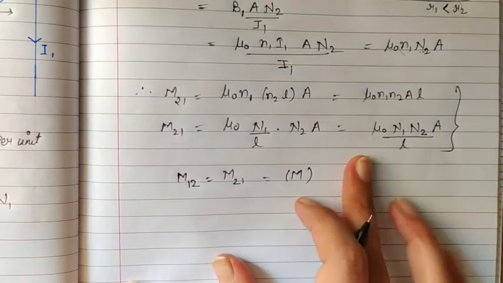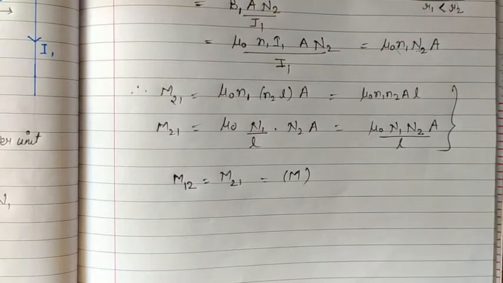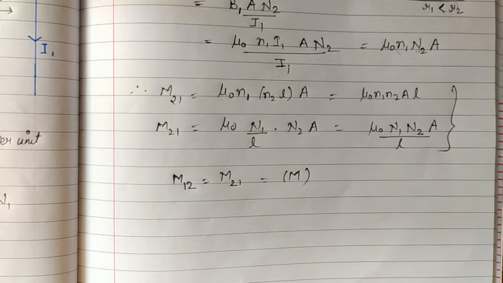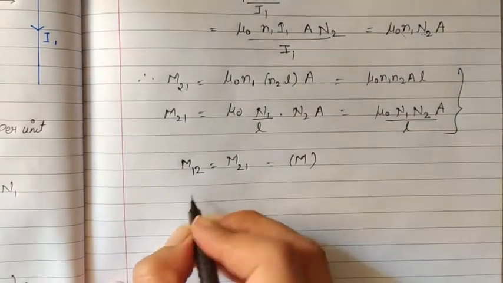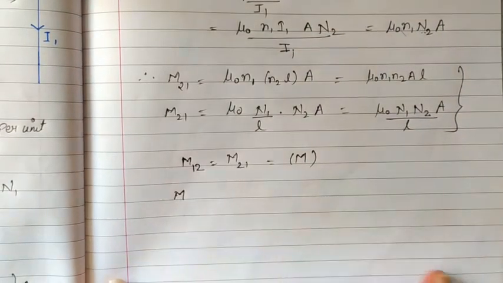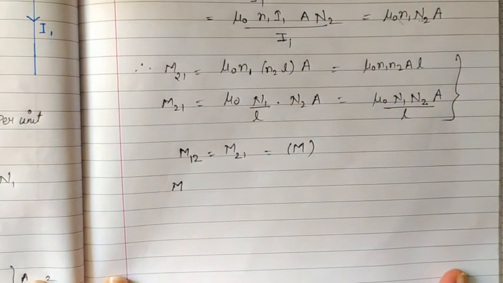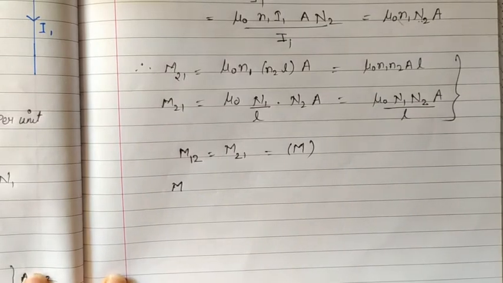अगर हम दोनों आंसर्स को कंबाइन करेंगे then we get that M12 is equal to M21, and we call it as capital M for both the coils mutually. So M is the mutual inductance of two coils, and it is the property of their combination.